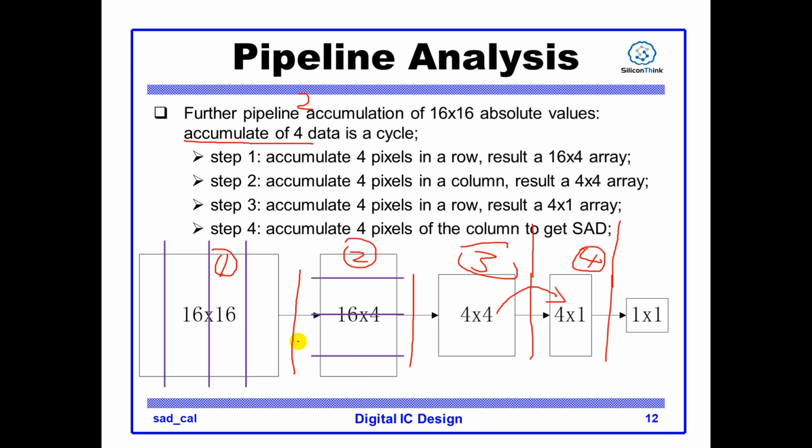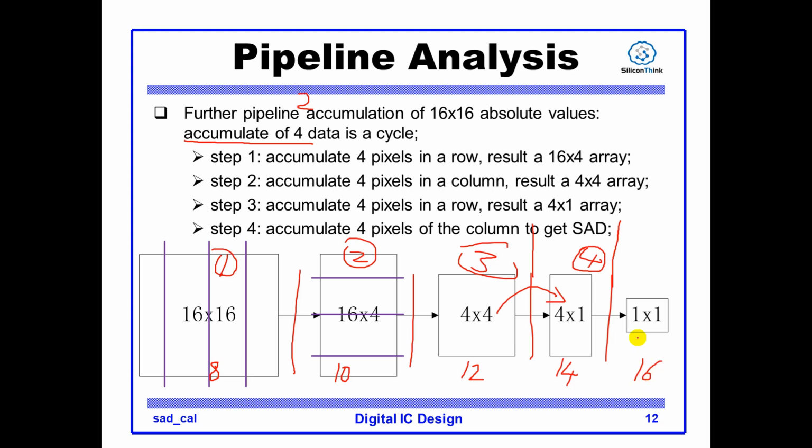Yeah, they are all accumulations of 4 data, but the data widths are different. Here the input is 8-bit, and here the input should be 10-bit. Then there should be 12-bit, and this will be 14-bit. The final result will be 16-bit.